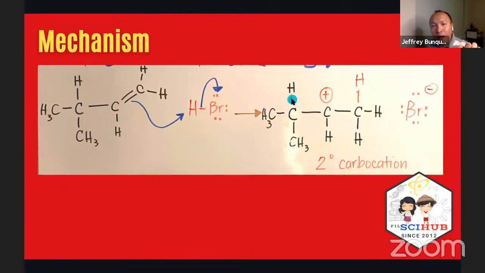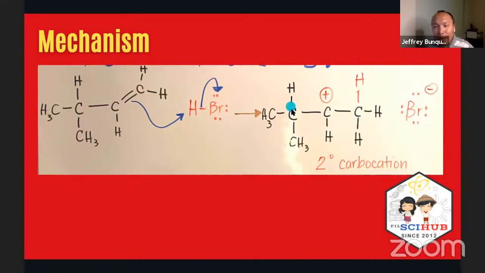And so what happens is that one of the groups in your C2 position can migrate to this carbon center to form the more stable carbocation. So for example, if we are to move or if we are to shift this hydrogen atom, kung ilalagay po natin siya dyan sa center, you'll be left with a primary carbocation kasi this carbon center is only attached to one carbon center.